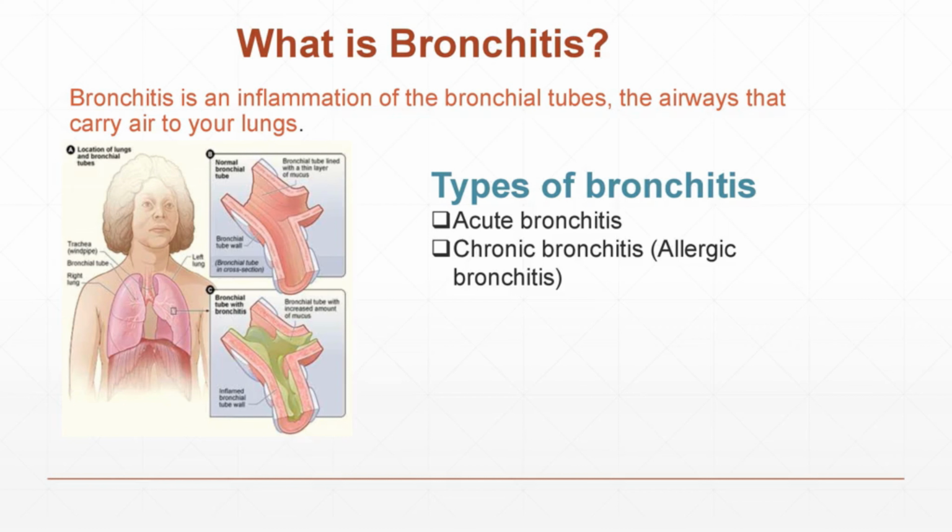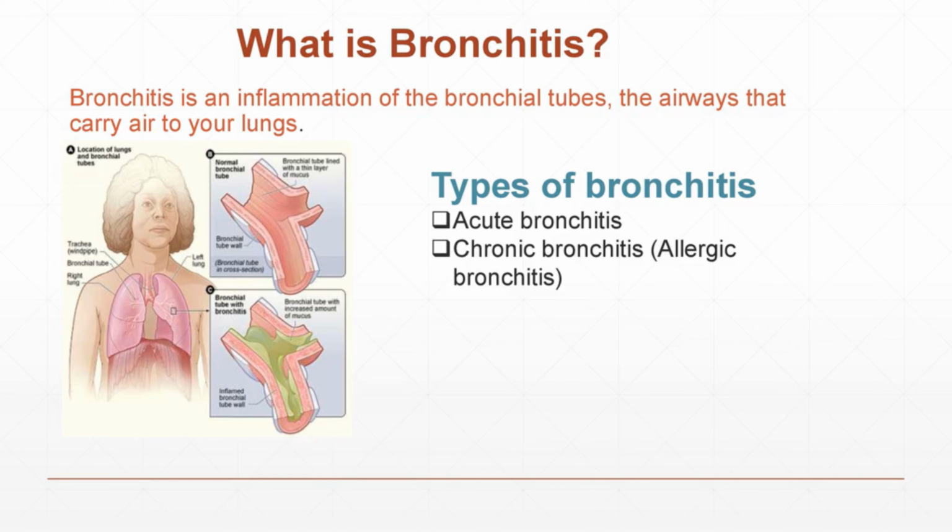Whereas in the second diagram, of the bronchial tube with bronchitis, you can see that there is an increased amount of mucus within this bronchial tube, which results in an inflamed bronchial tube wall, and this condition is termed bronchitis. Basically, swelling and inflammation inside the bronchial tubes is called bronchitis.